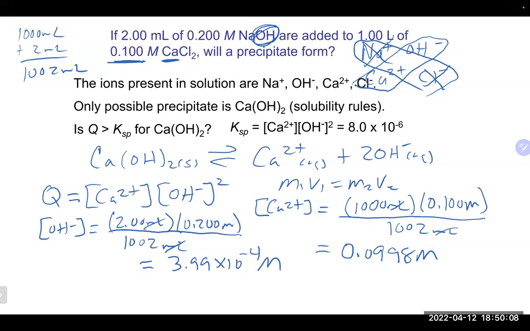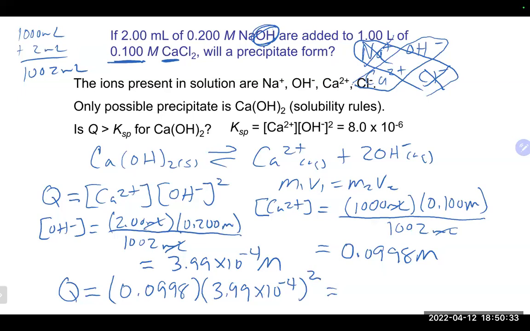Now that we actually have the correct concentration of each of those ions in the solution, we could stick it into our Q. So our Q in this case would be our calcium concentration, which is 0.0998, times our hydroxide concentration, which is 3.99 times 10 to the minus 4. We also want to remember we still need to square it. So we got to also square that guy. Maybe try that again.